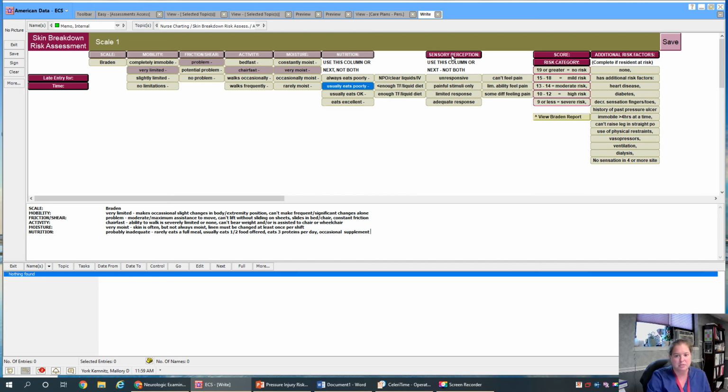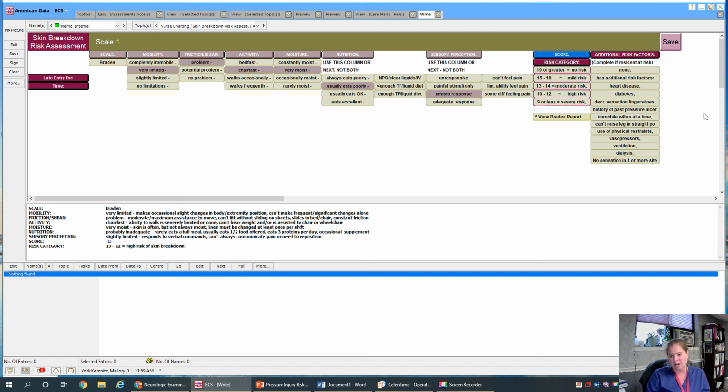And then sensory perception, our person doesn't have diabetes, so we don't need to do a monofilament test, but it looks like there is somewhat of a limited response to the ability to feel discomfort. Because there's problems with mobility, there's problems with moving, there's going to be problems responding, and there's cognitive loss.